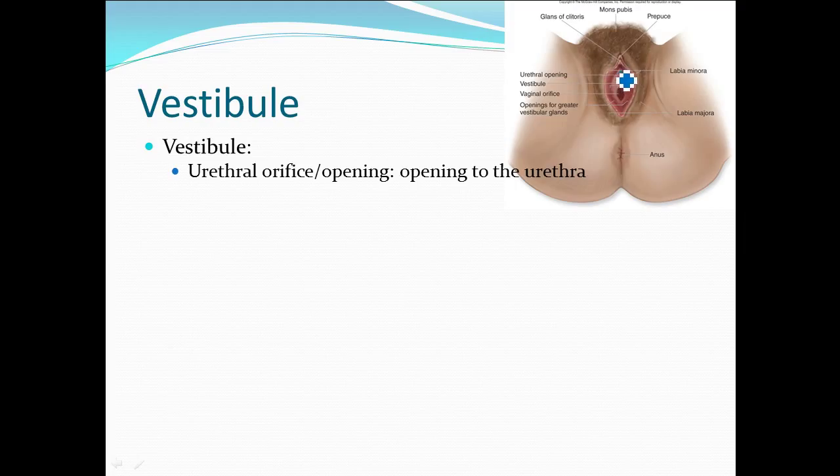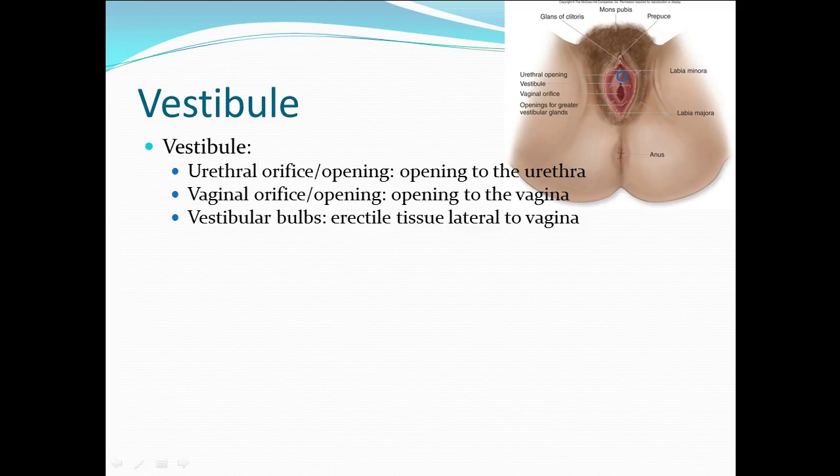the urethral orifice. Urethral orifice, once again, is the opening to the urethra. Vaginal orifice, which is posterior behind it. We have vestibular bulbs on either side that become erect during arousal.